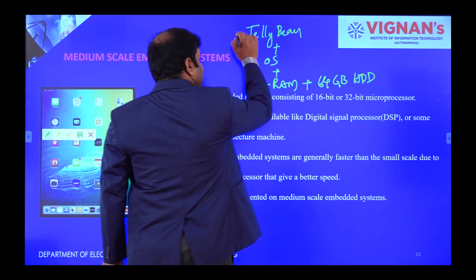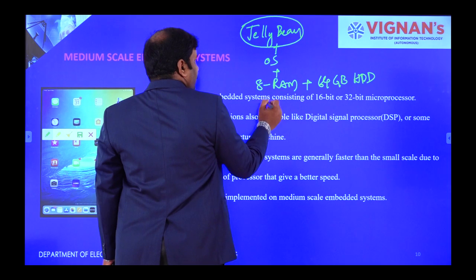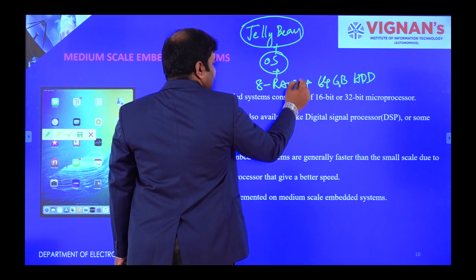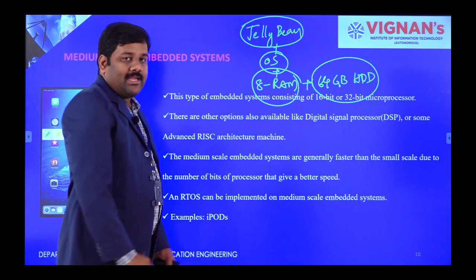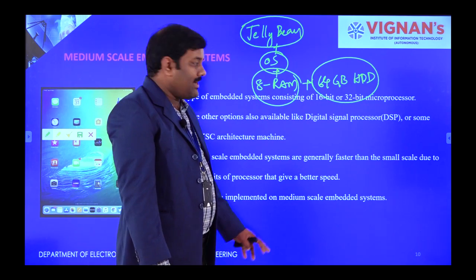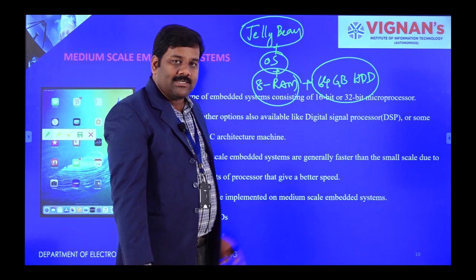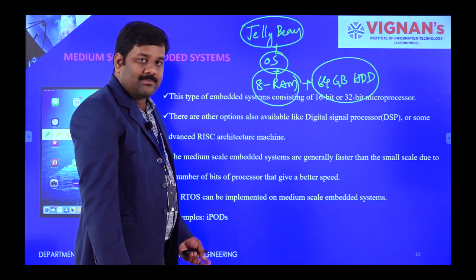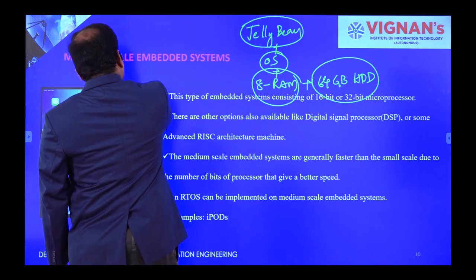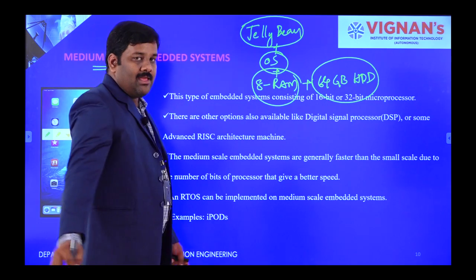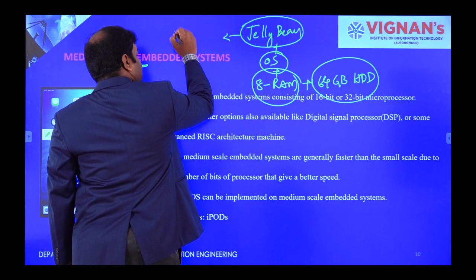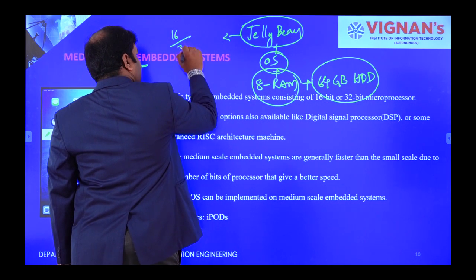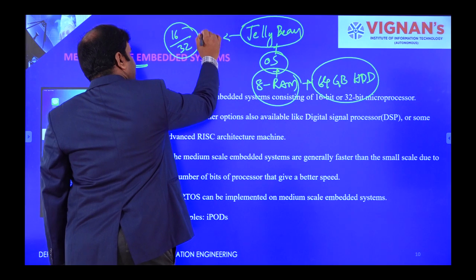If any system is manufactured using these 4 elements, then that system can be an example of medium scale, but it has to support 16 or 32 bits.